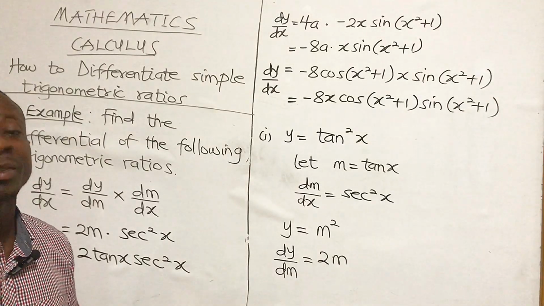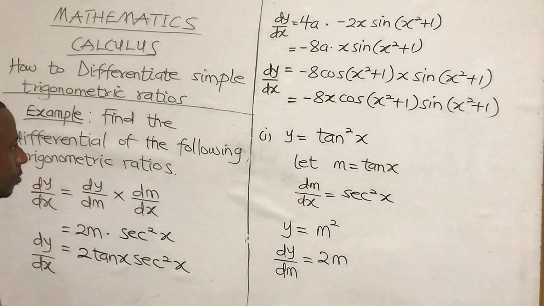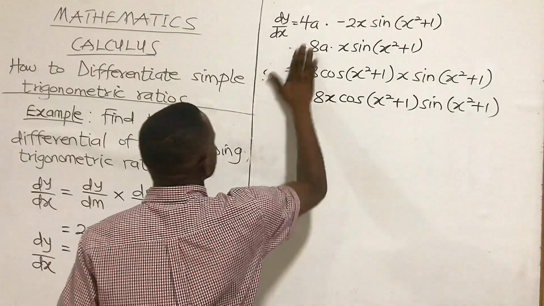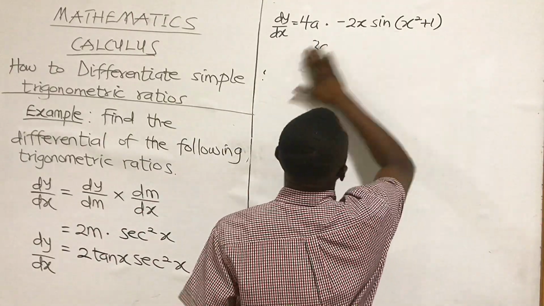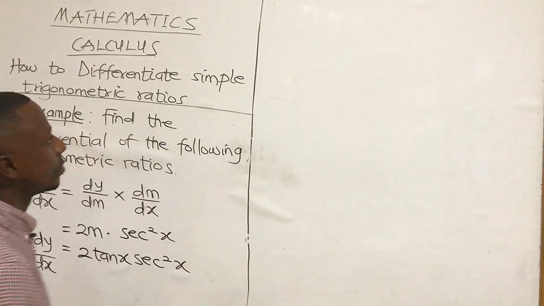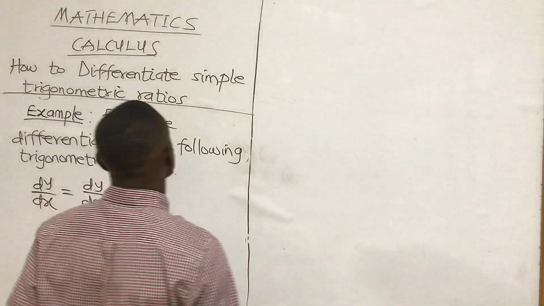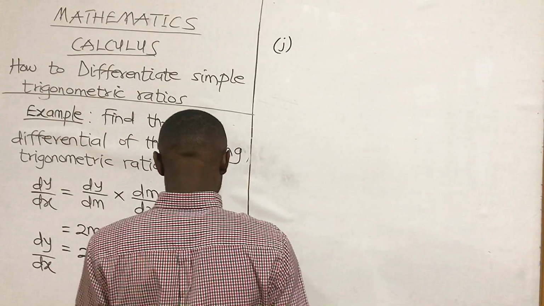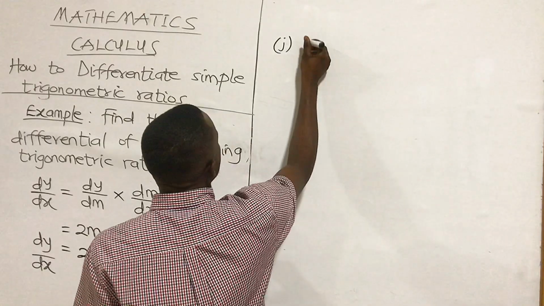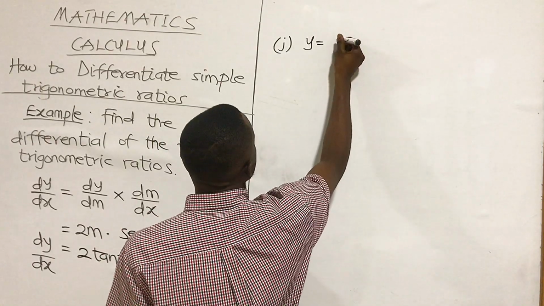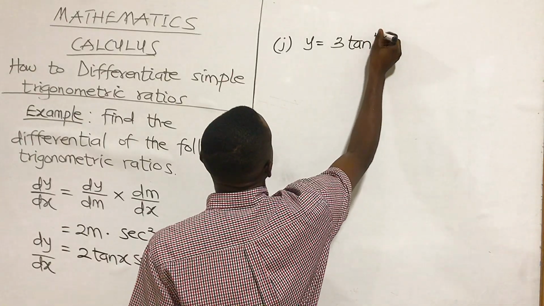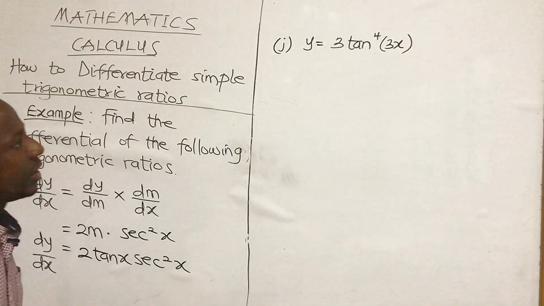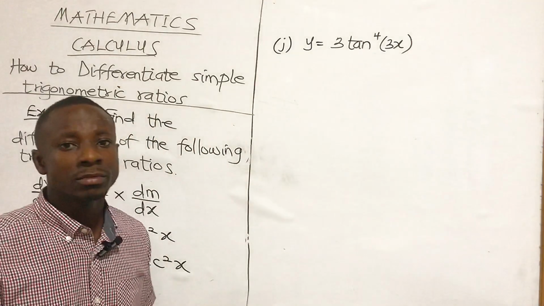The next example, J. We have y is equal to 3 tan power 4 of 3x, 3 tan to the exponent 4 of 3x.